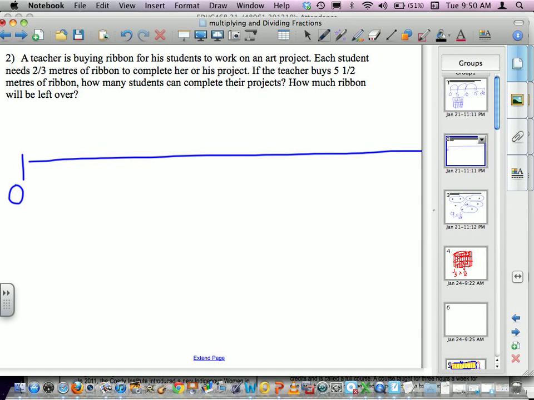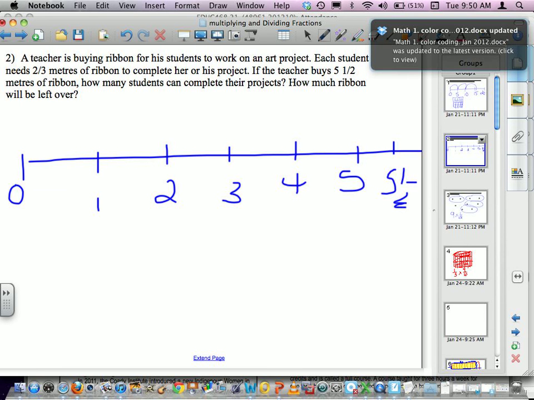That's a good idea, Kelly. Okay, so there's my 5.5. Bad half, but it's 5.5.